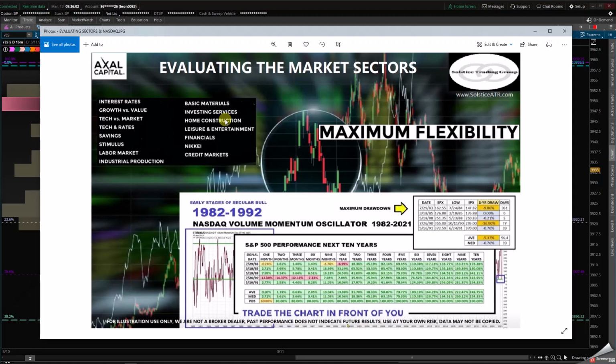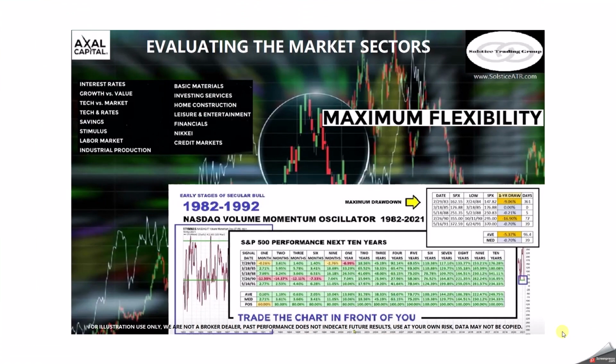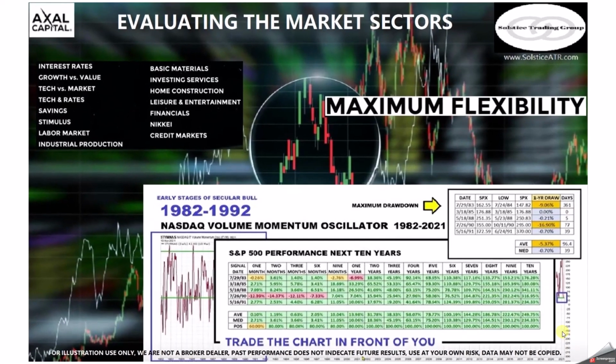And I want you to pay attention to these numbers here. I'm going to maximize this and zoom in a little bit. The downside risk, this is historical real numbers using the Nasdaq volume momentum isolator. And that gives us some moving average, early stage of momentum from high to low, from the 1980s through 2021. Do we have a down move?